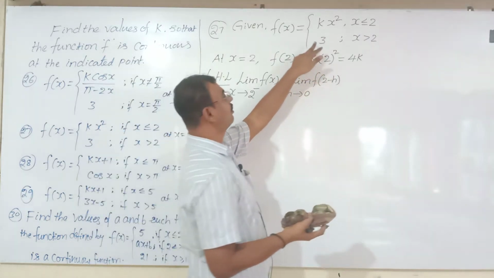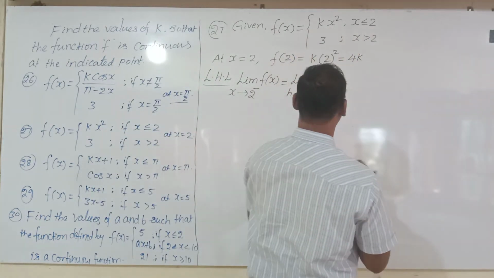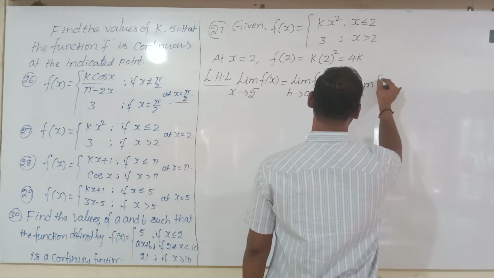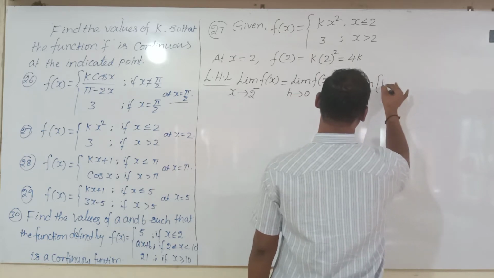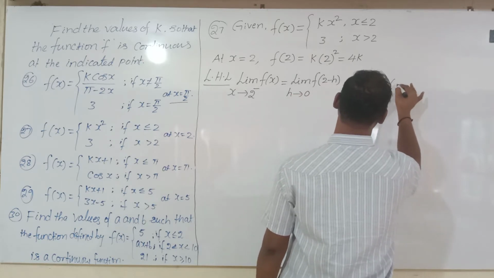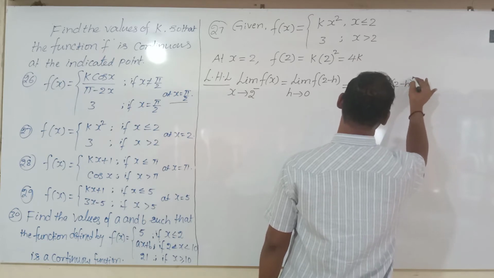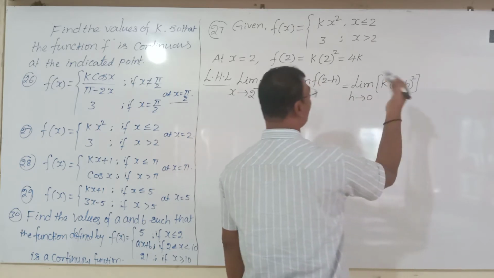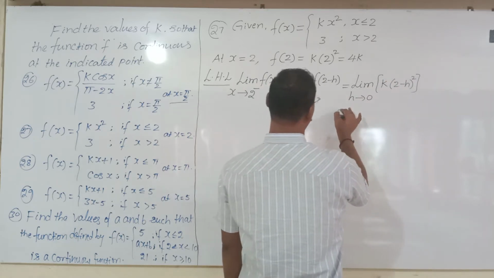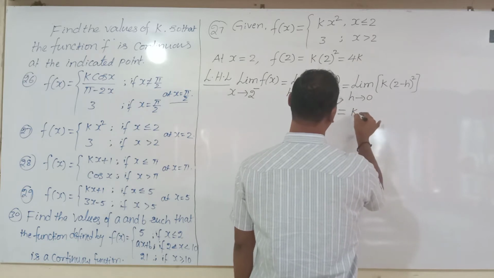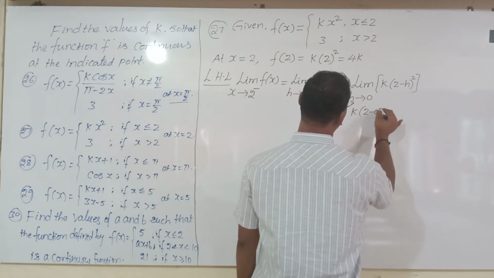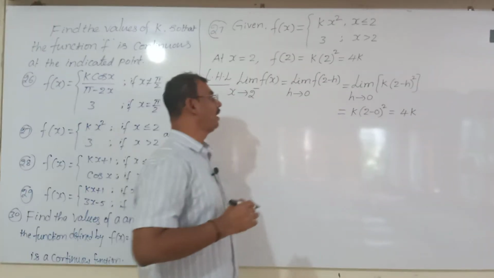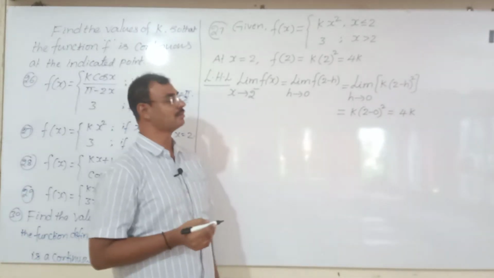When x is smaller than 2, what is the function? kx square. So I substitute here: limit of k as it is, x is 2 minus h, 2 minus h whole square as h approaches 0. Now you apply the limit: k bracket 2 minus 0 whole square, this is nothing but 4k. This is the value of the left hand limit. It exists.